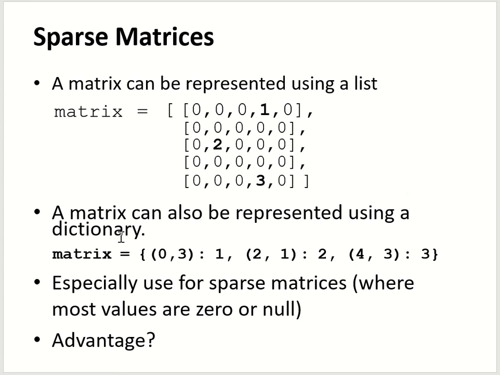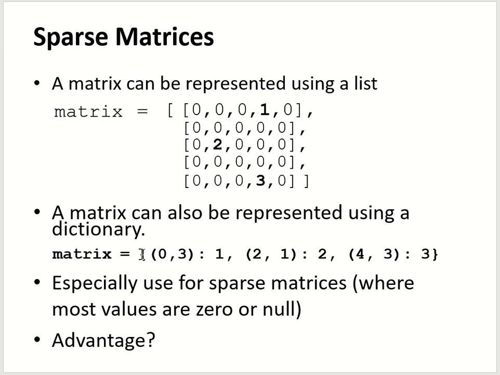Sometimes spatial data could be represented by a sparse matrix or a gridded image where most of the values are zero or are the same anyway, but a few grid cells would have a different value. You might represent that image or that data using a dictionary.